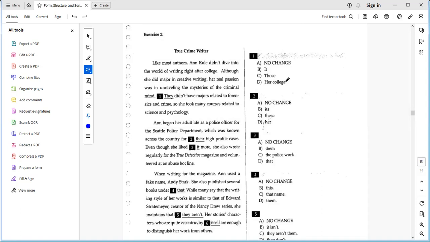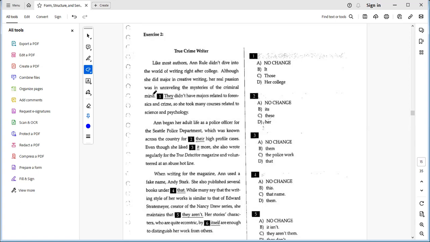Look here, because we still have another paper that we have to do together. I'm going to read this sentence to find what they stands for. It says they didn't have majors related to forensics and crime, so she took many courses related to science and psychology. Nothing here indicates who they is.